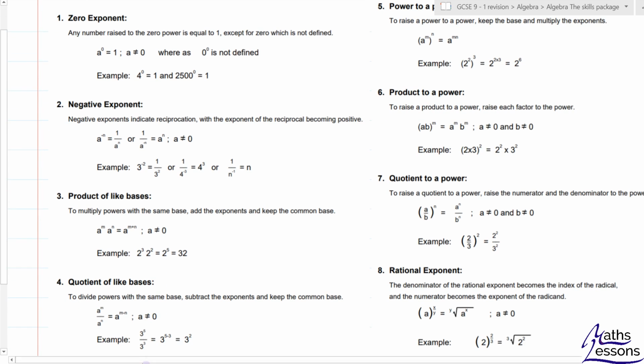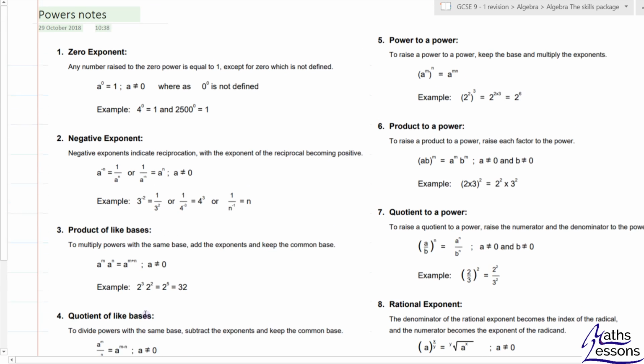Quotient. So again, a to the m divided by a to the n, we actually take the powers away. A power to a power, we multiply them. If you've got a product and you've got a power, each thing needs to be raised to that power. And similarly, with two numbers divided, both numbers need to be raised to the power.